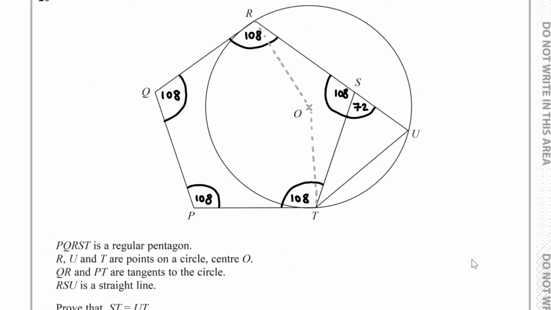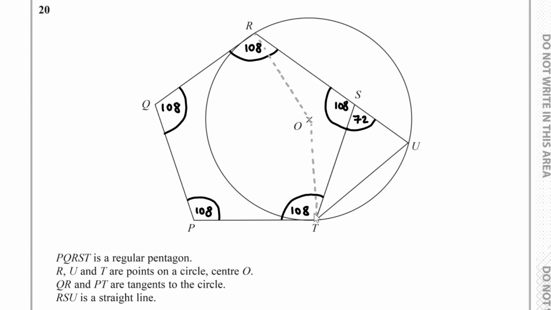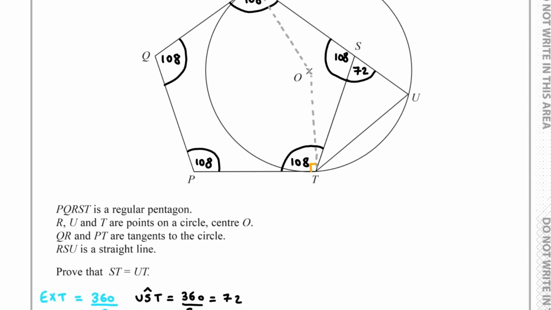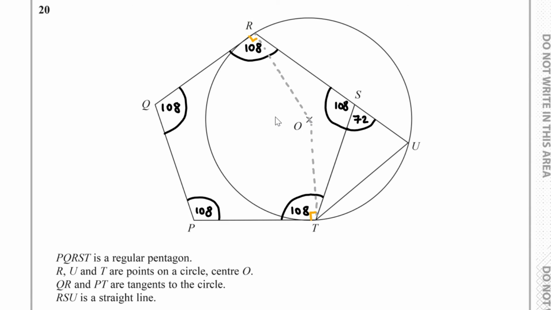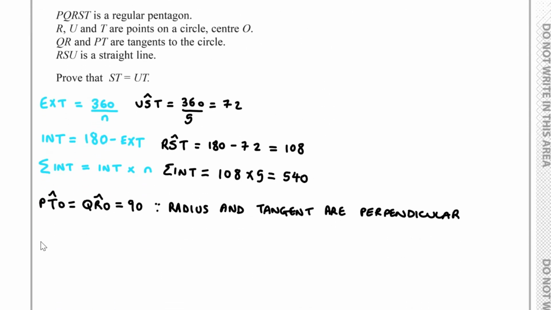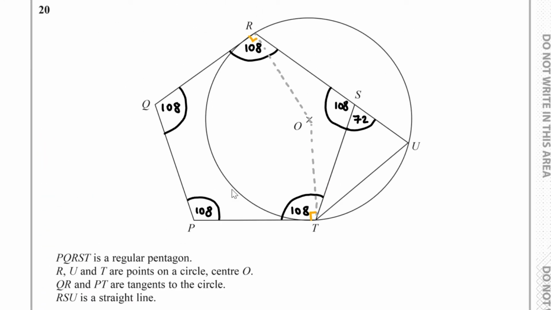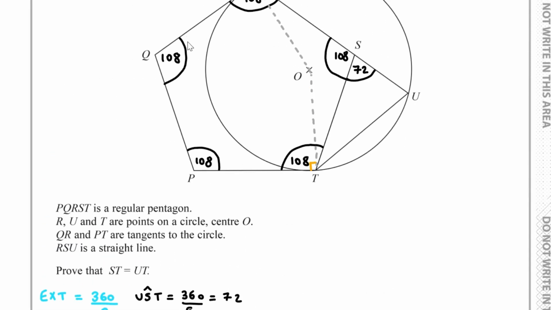So what we're saying here is, here we've got 90 degrees, here we've also got 90 degrees. We can find out this angle here, the angle ROT, by doing 540 take away the 108 here and the 108 here.